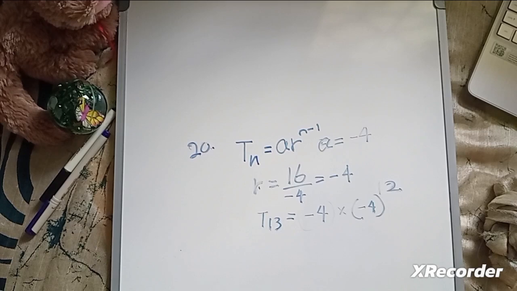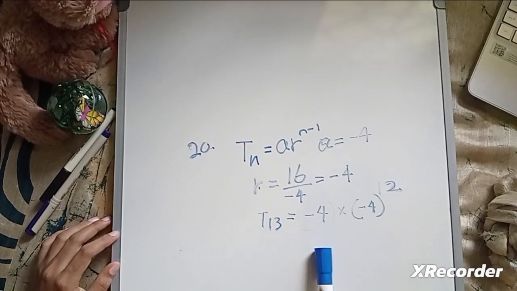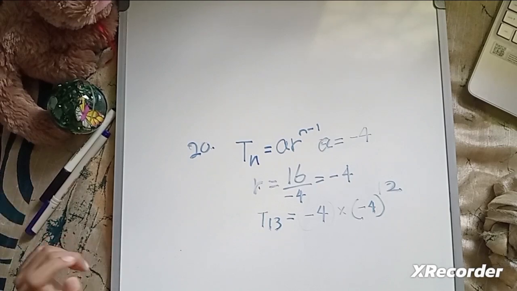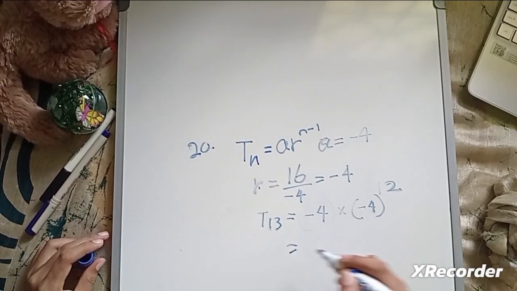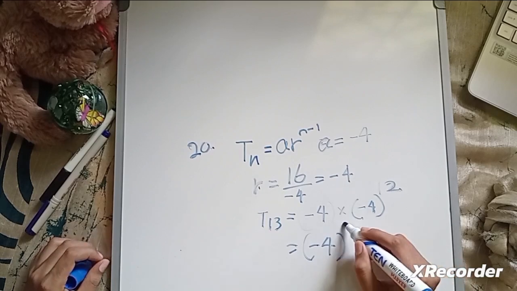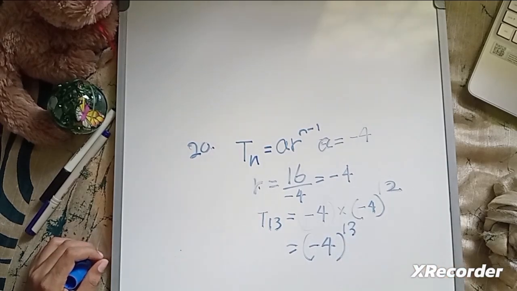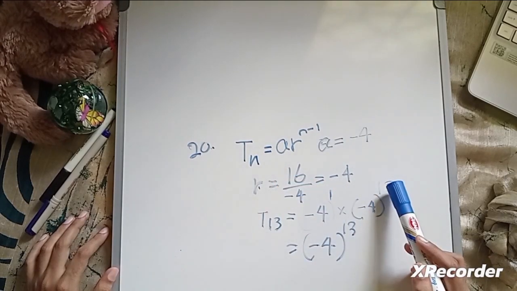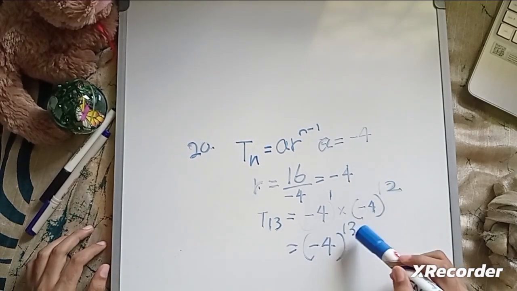So with that we have minus 4 into minus 4 to the power 12, which is minus 4 to the power 13. See, here we have minus 4 to the power 1, so 1 plus 12 is 13.